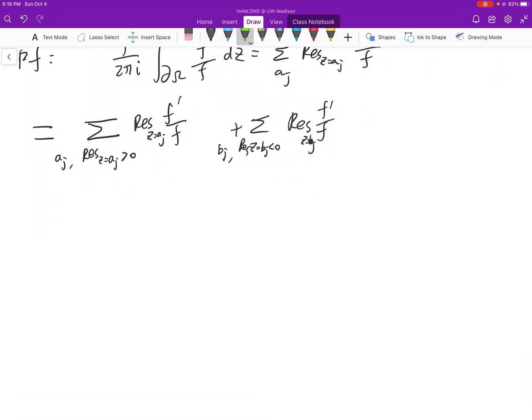Then the first part is, geometric meaning, the total number of zeros with multiplicity counted. And the second term is the negative of the total orders of the poles.